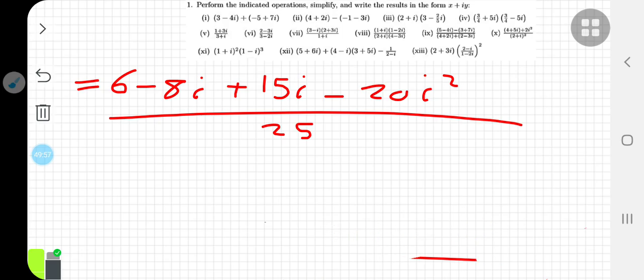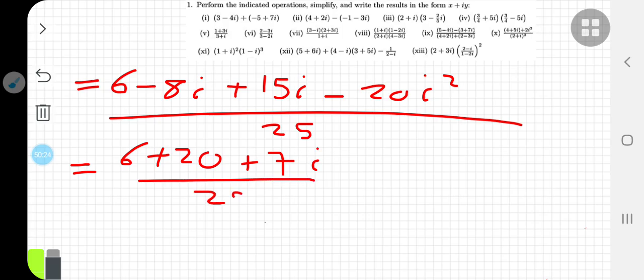From here, so I'm going to have 16 plus 20, or 6 plus 20. And then here it's saying negative 8i plus 15i. That gives me 7 plus 7i over 25.